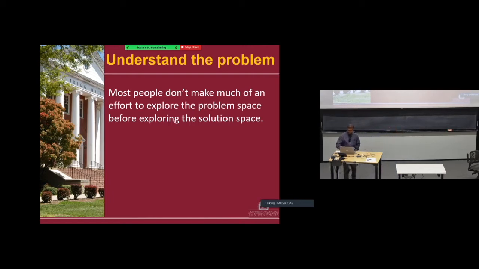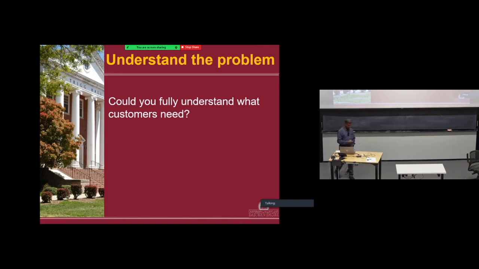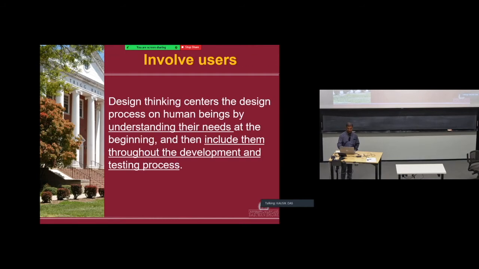So here we are in an academic environment, and we'll talk about design thinking in academics, where the problems are and how to solve those problems. First of all, identifying the problems. Could we fully understand what customers need?